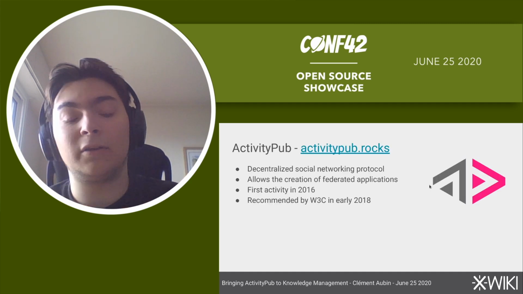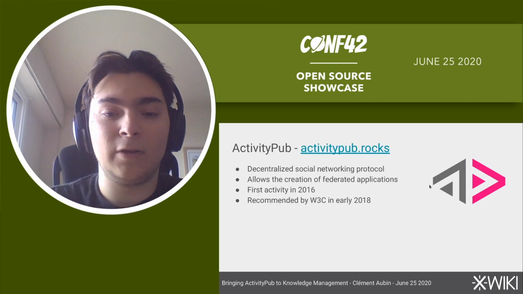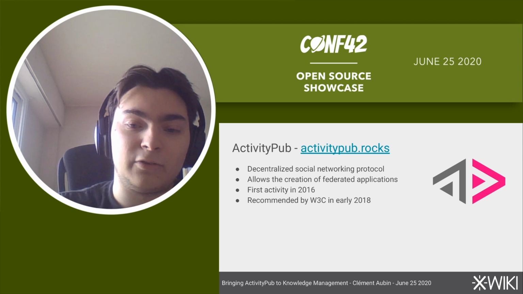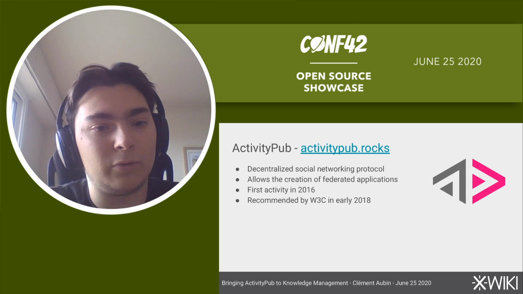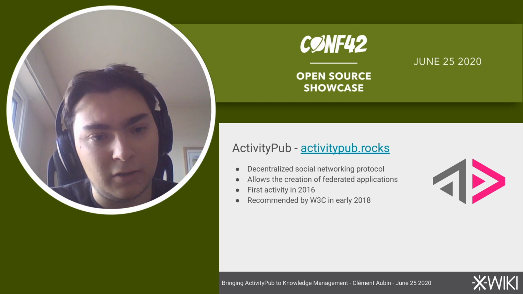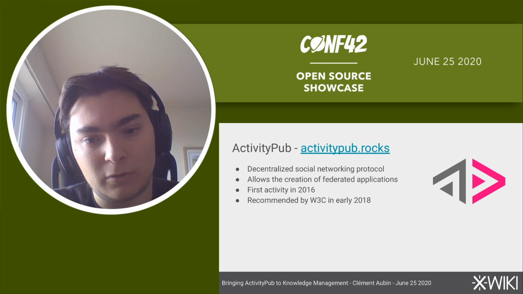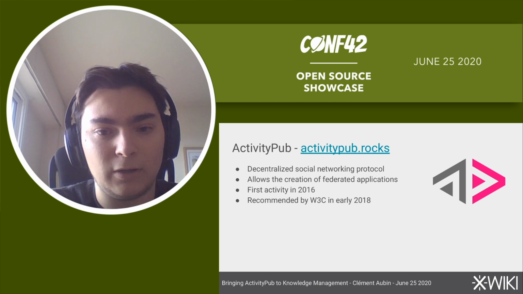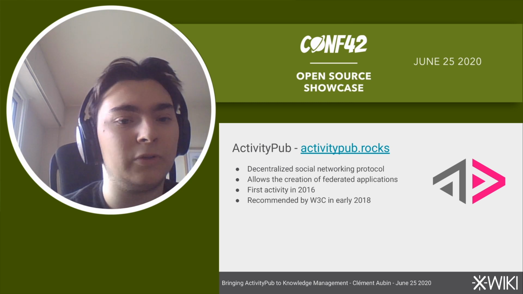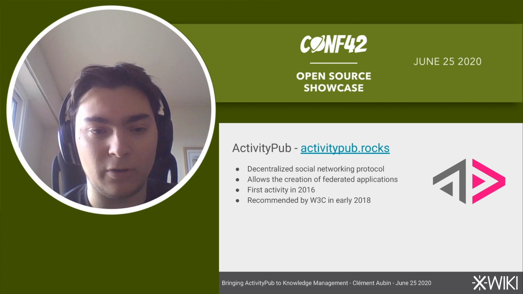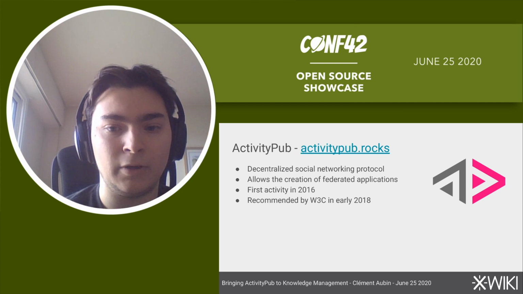So let's talk very quickly about ActivityPub. ActivityPub is a decentralized social networking protocol, which we saw the first activity around 2016. The idea behind this protocol is really to help create social-enabled federated applications that will allow different actors to communicate between each other, but in a federated manner.